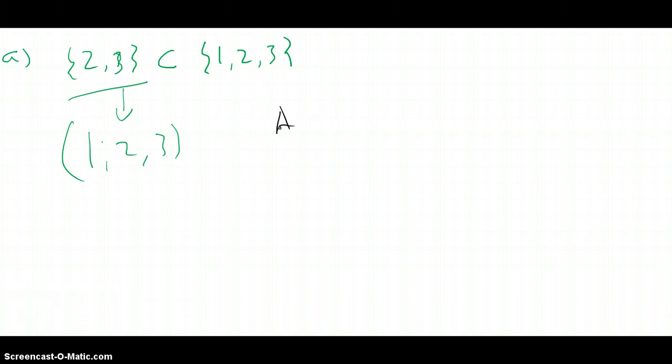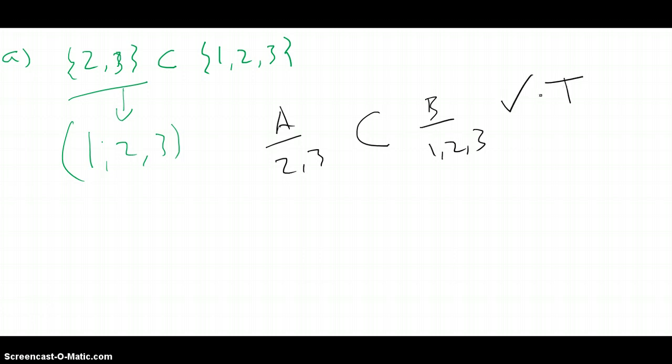Set A has the numbers 2 and 3, and B has the set 1, 2, 3. Now the question is, is A a subset of B? Is every element of A contained inside B? What are the elements of A? 2, 3. Are they contained in B? Yes, it is a subset, therefore this statement is true.